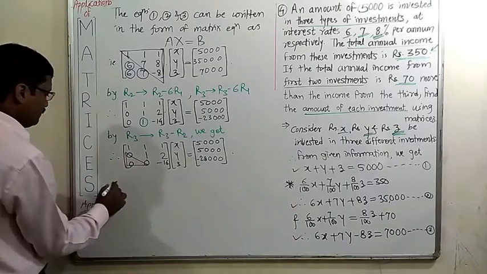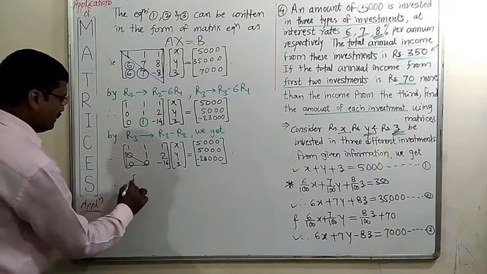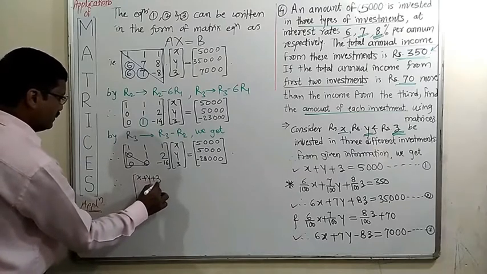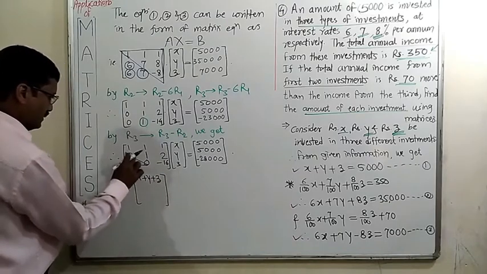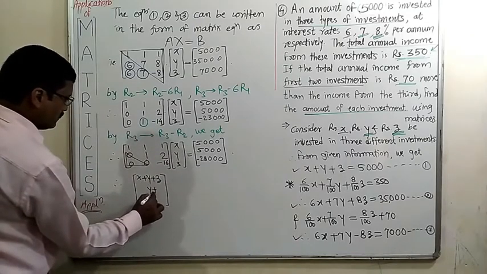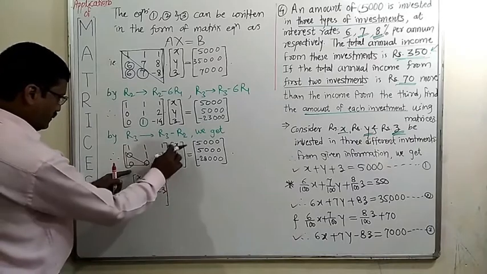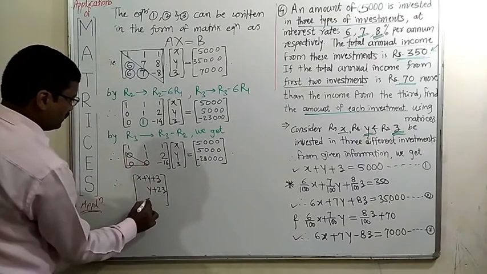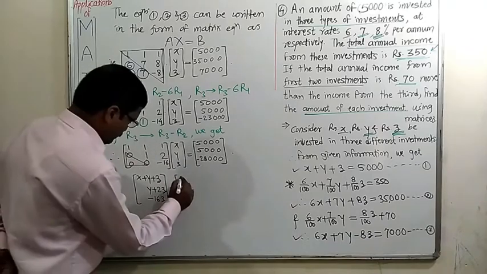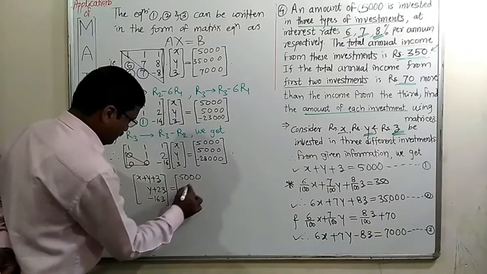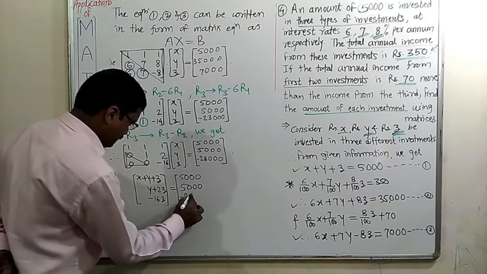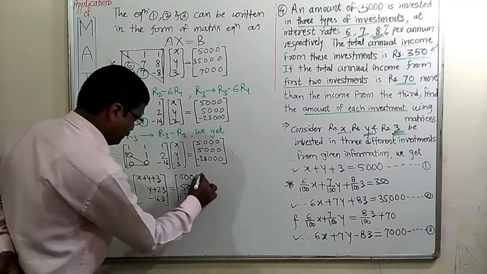So let us take the matrix multiplication. Therefore by matrix multiplication we get x plus y plus z, here 0 plus y plus 2z, here 0 plus 0 minus 16z, is equal to the right side: 5,000, 5,000 and minus 28,000.